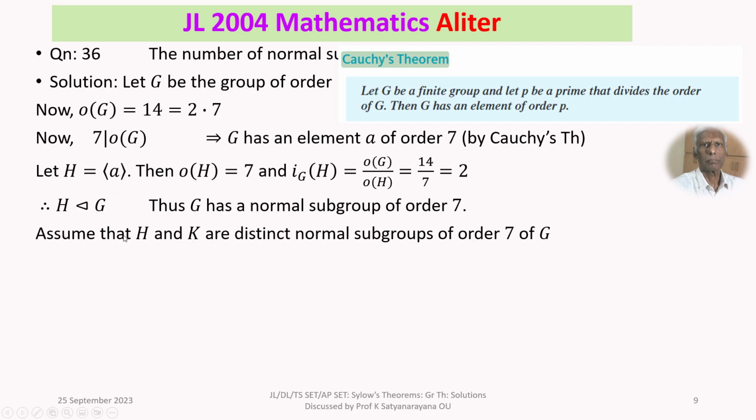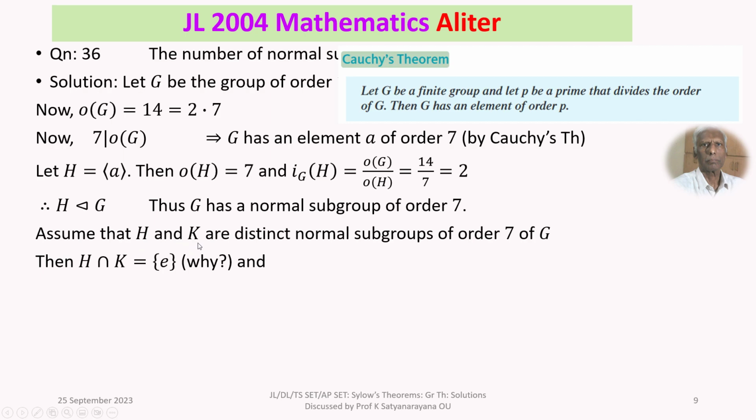To prove that it is the only one, we assume the contrary, that is, assume that G has two distinct normal subgroups of order 7, say H and K. Then what will be H intersection K?